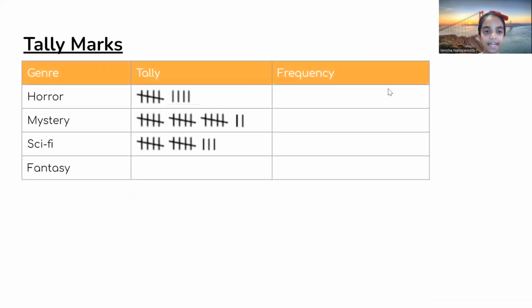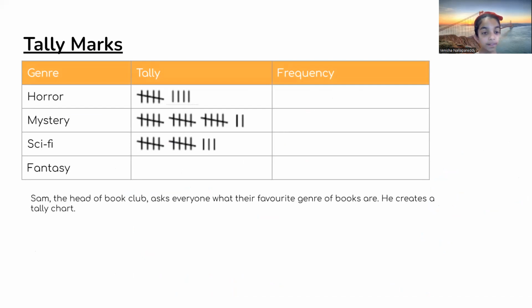We're going to move on to tally marks, which is our last word problem. So Sam, the head of the book club, asked everyone what their favorite genre or type of books are. So he creates a tally chart. So we've got horror books, mystery books, sci-fi or science fiction books, and fantasy books.